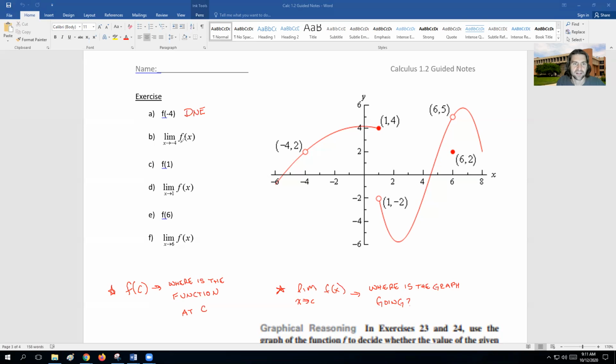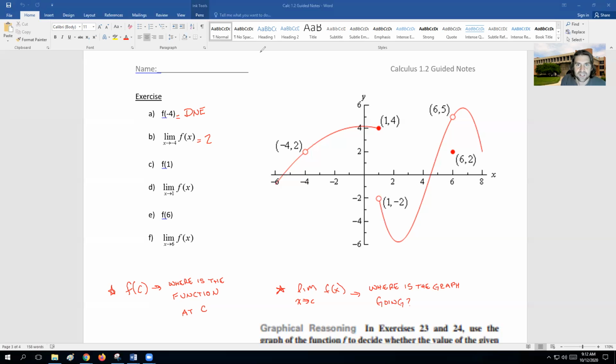So if we ask what's the limit as x approaches -4 of f of x? As we go to -4, this is going up towards 2. We get like 1.5, 1.9, 1.999. But coming the other way, it's like 2.1, 2.01, 2.001. So we get closer and closer to 2. So the function does not exist for -4, but the limit does.